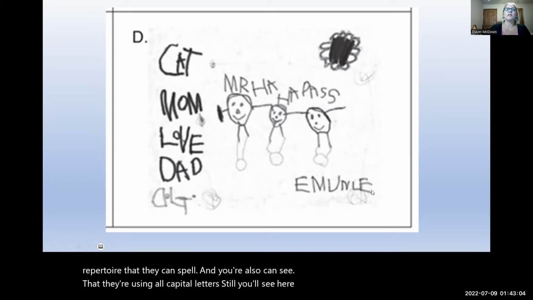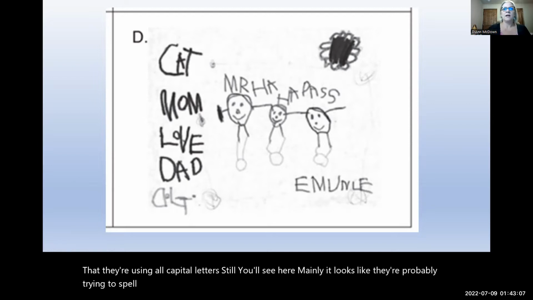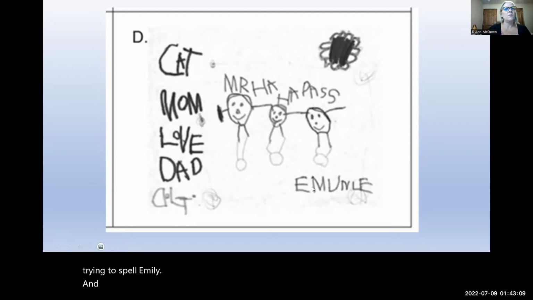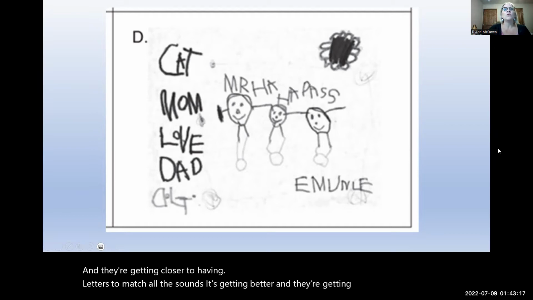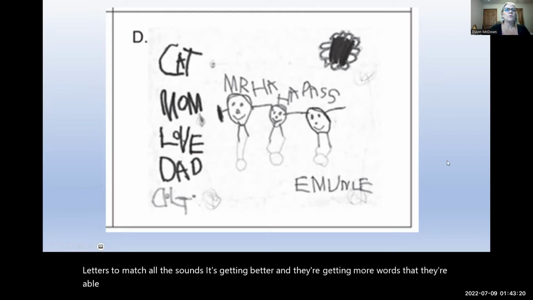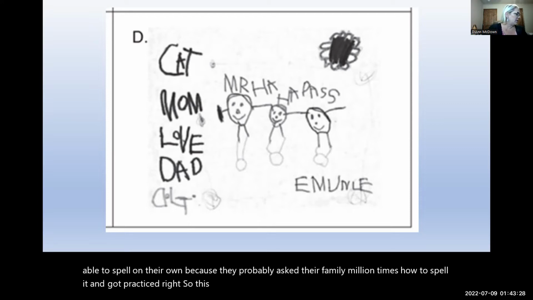It looks like they're probably trying to spell Emily. And they're getting closer to having letters to match all the sounds. It's getting better. They're able to spell more words on their own, because they probably asked their family a million times how to spell it and got practice, right? So this is what we would see at the end of the emergent stage.